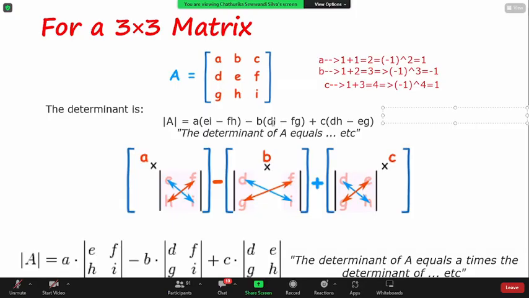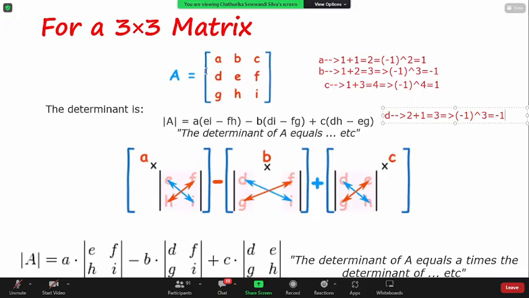The first element is D. What is the row number? 2. Column number? 1. So the answer is 3. If you make it a power, what is the answer? Minus 1.